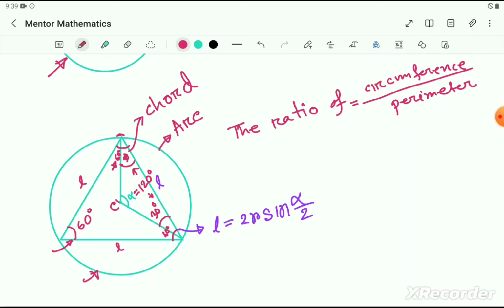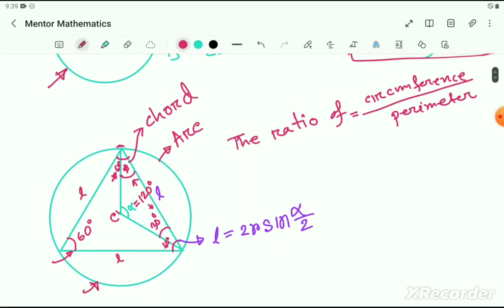So first of all, let's talk about the circumference length.